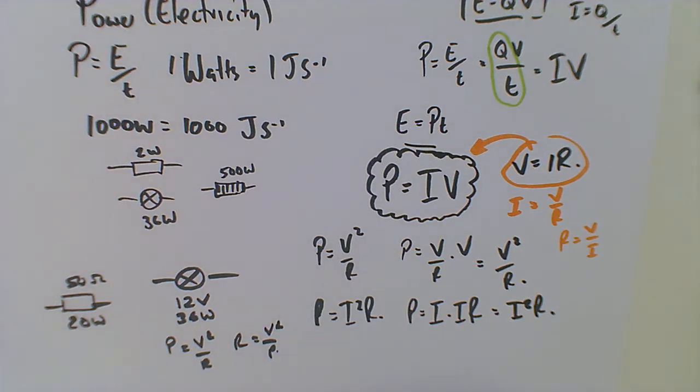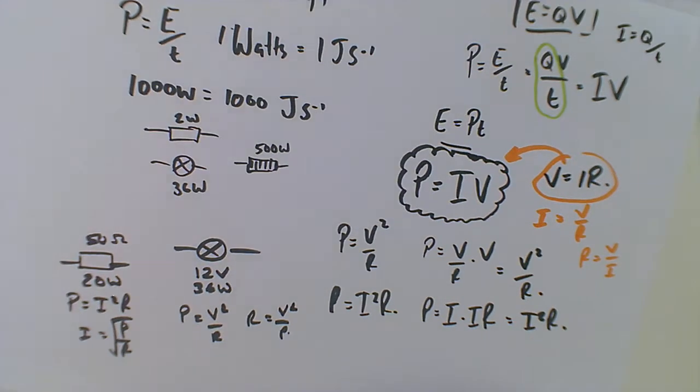What would be the current going through it? We'd use P equals I squared R, so I equals the square root of P over R, and that would give us the current. Alright? So those three formulas are super useful.